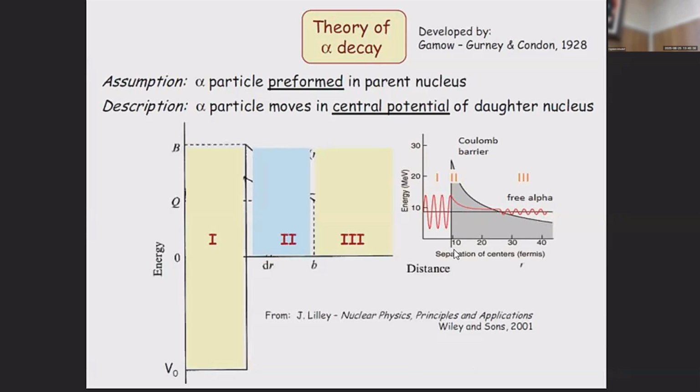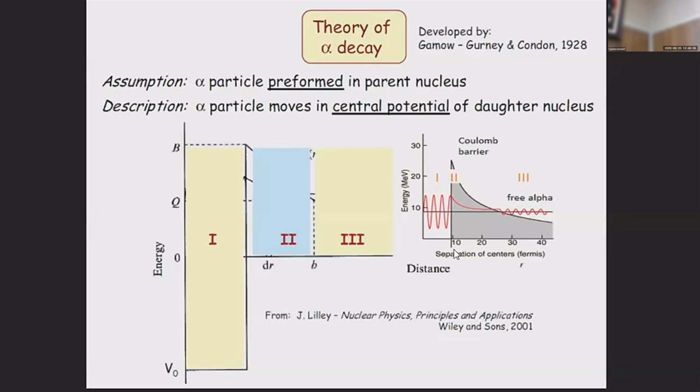Now, how do we solve it? Basically, what we do is very simple quantum mechanics. We divide this into 3 different regions. The first part is the quantum well potential, first year quantum physics, you see, the quantum well here. The second one is where the energy is less than the Coulomb potential.